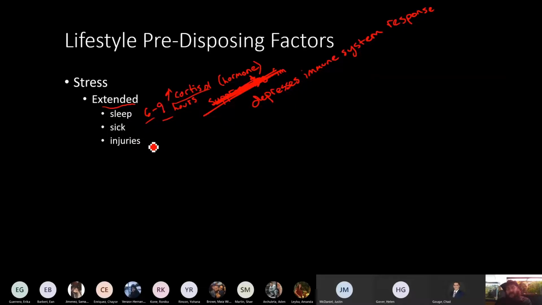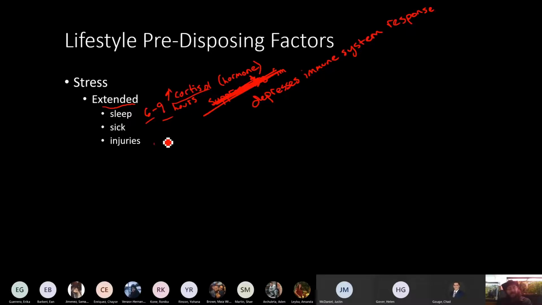If you get regular injuries, you're going to be in a chronic stress response. So these are not good things, and they elevate your risk of cancer. Just sort of any cancer, they elevate your risk of.